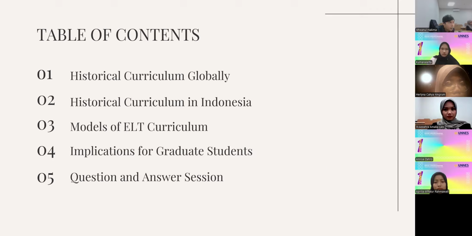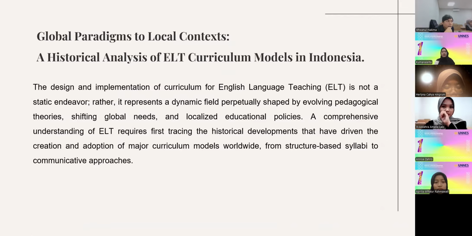Today we are going to look at how the curriculum developed initially in the global context, from the 19th century to the postmodern or 21st century, and then we are going to talk about curriculum development in the local context, that is Indonesia.